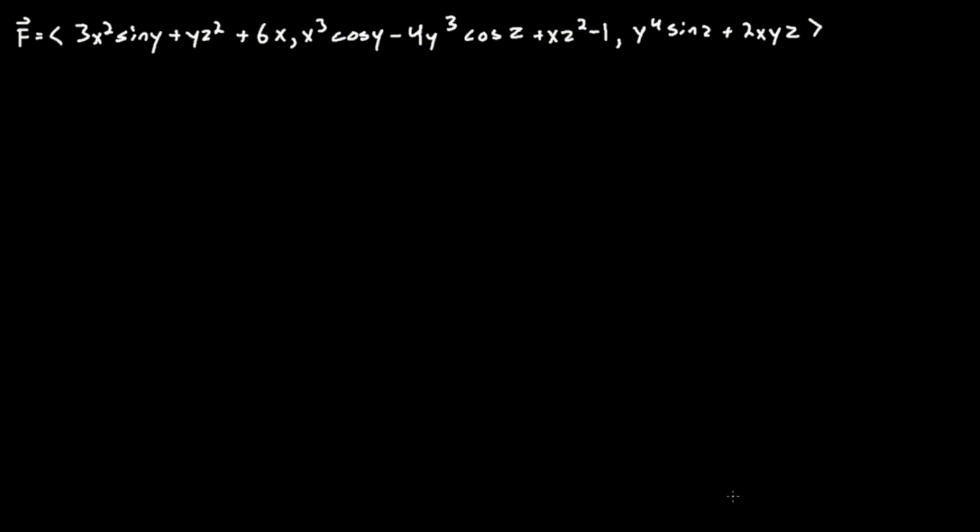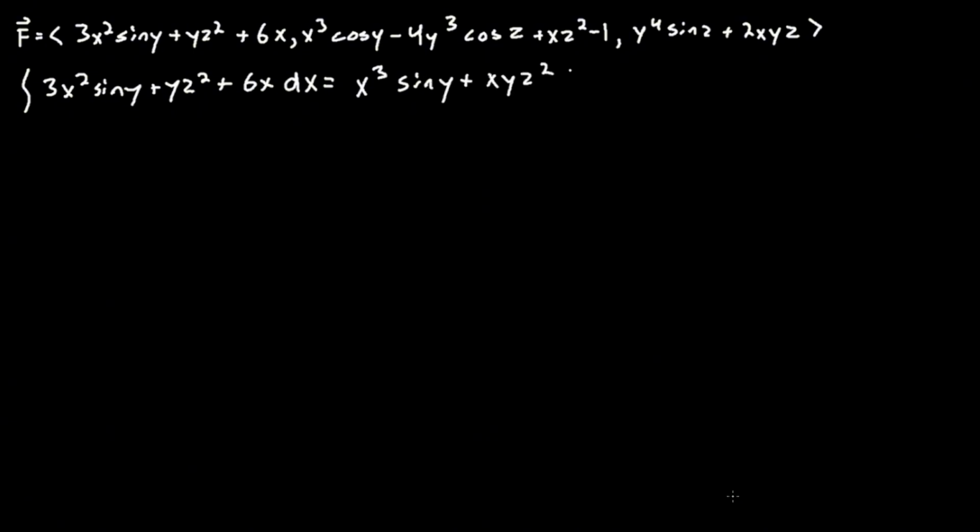So keeping that in mind, we're going to find the integral with respect to x of the first component. Now you could do this in any order, but I just like to start at the beginning because it's more orderly. So we find the integral with respect to x, and we get something that turns out like this: xyz squared plus 3x squared plus some function that is dependent on y or z.